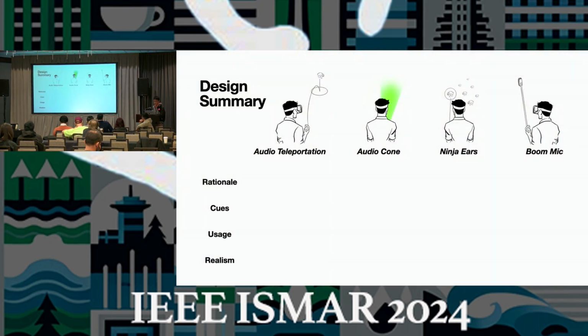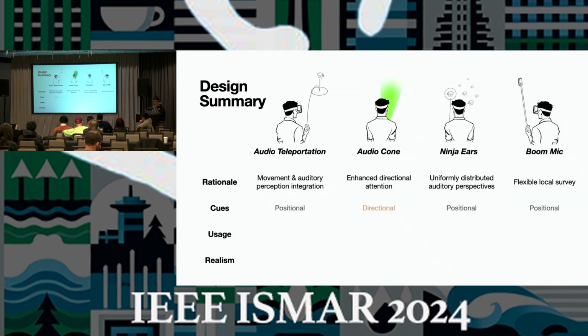Regarding the first question, yeah, we designed the techniques for different use cases. For example, like I said, audio interpolation may be more efficient in scenarios where you want to do a lot of interpolation to navigate in the environment, and audio clone for more directional guidance. With Ninja Air, you already spawn in the air, so you can just quickly toggle. So I think they are suitable for different cases. I forgot the second question. Can you say it again?